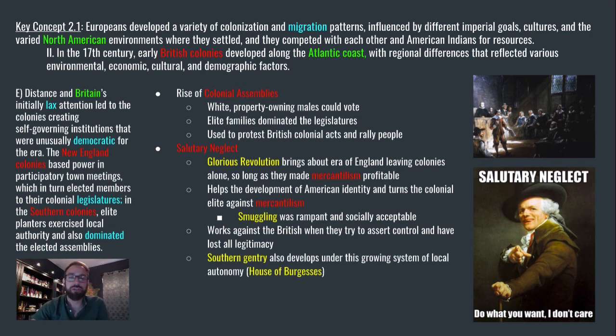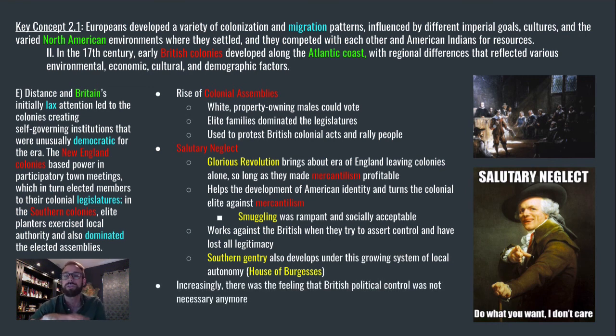Alright? Southern gentry, so gentry means kind of like the aristocracy, develops under the system of local autonomy. I mentioned the House of Burgesses before. Those are the colonial assemblies that exist down in Virginia and Maryland. As time goes on, these colonists have this feeling that British control wasn't necessary. They can do it themselves, and the elite have built themselves up so that they're really running the show. It's not really to say that the people are running the show, but the people are choosing representatives who run the show for them and represent them more.